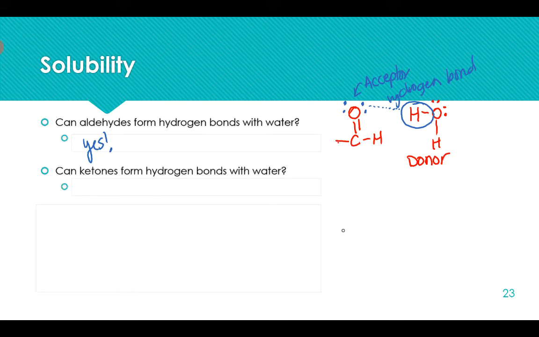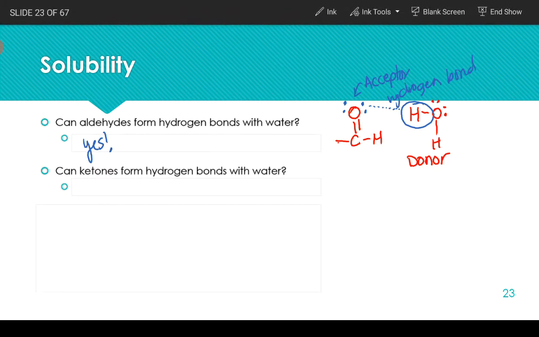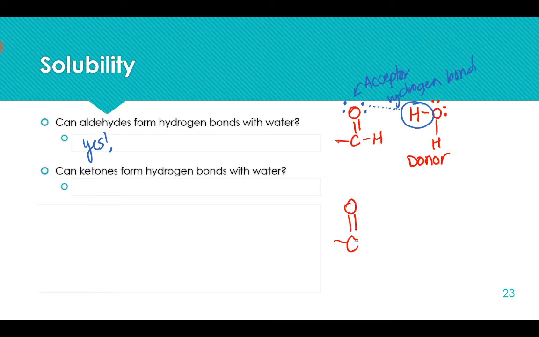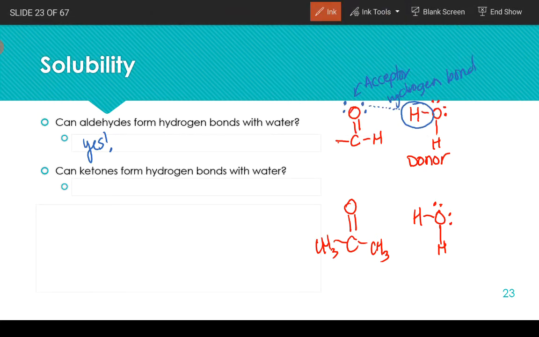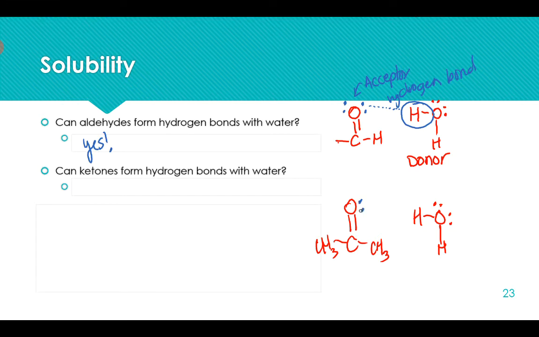In a similar fashion, we can form hydrogen bonds between ketone molecules and water. So let me draw that up. So remember, our acceptor has lone pairs.